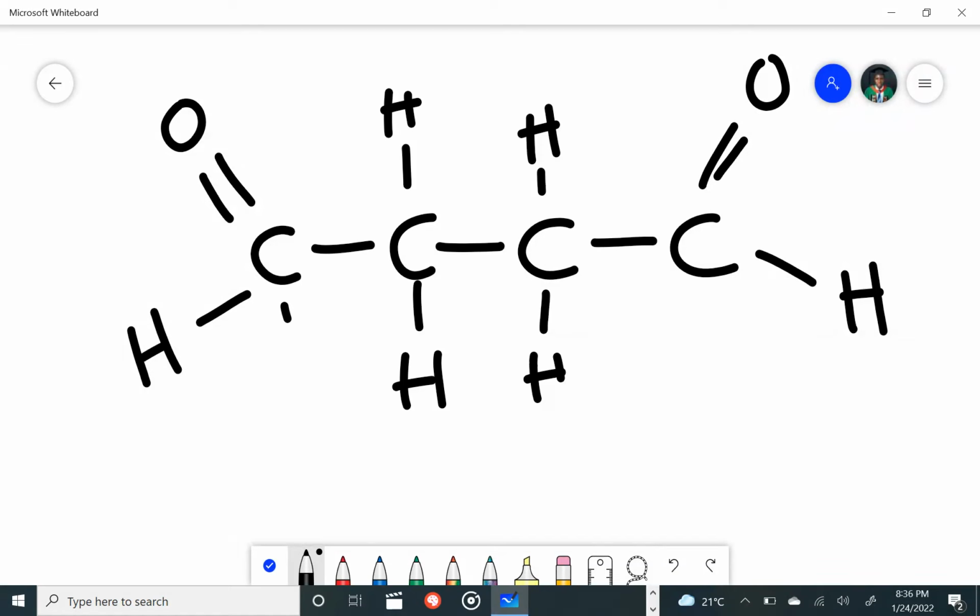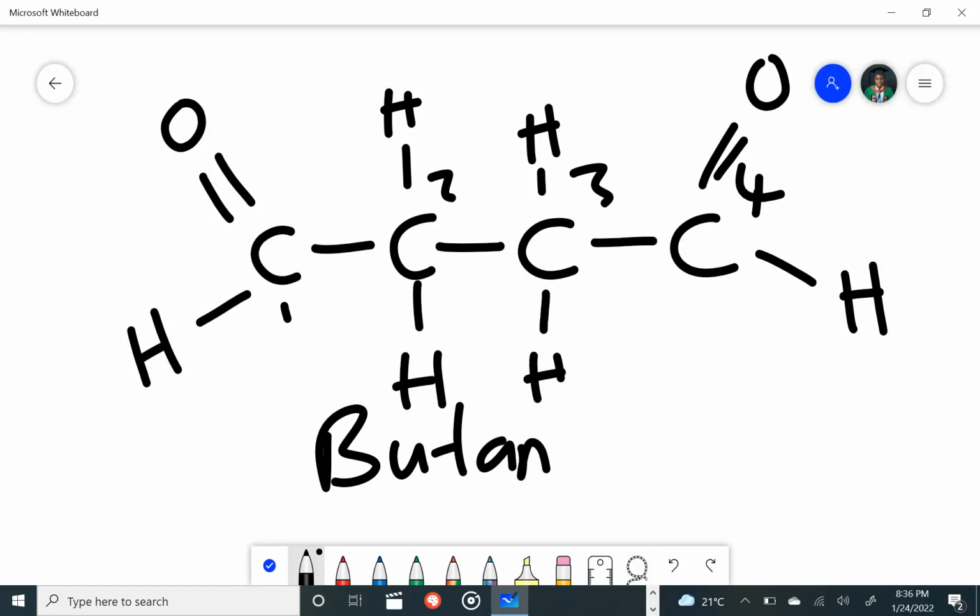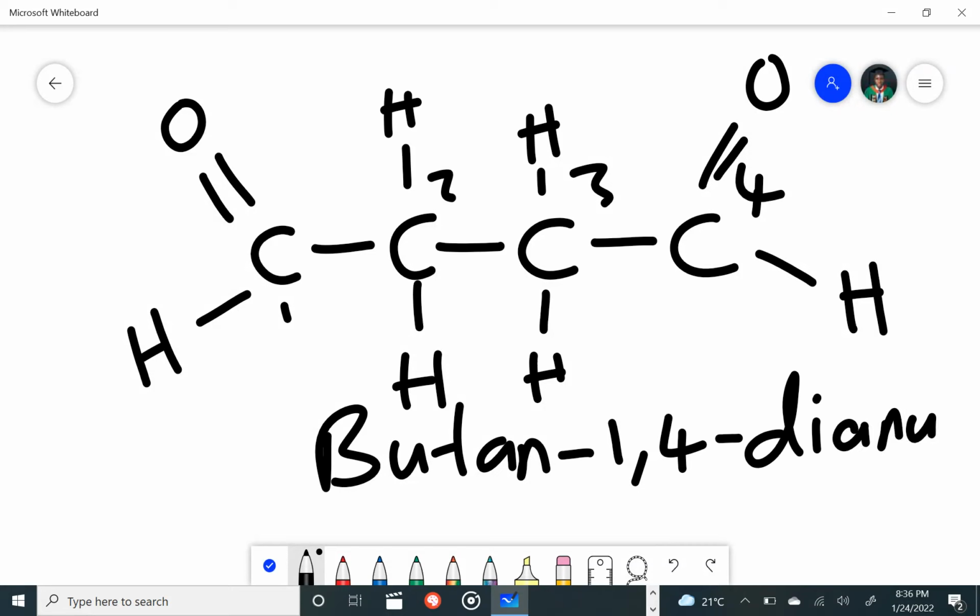You start counting from 1, 2, 3, 4, and this will probably be something like butane-1,4-dial, since that's how these aldehydes end.